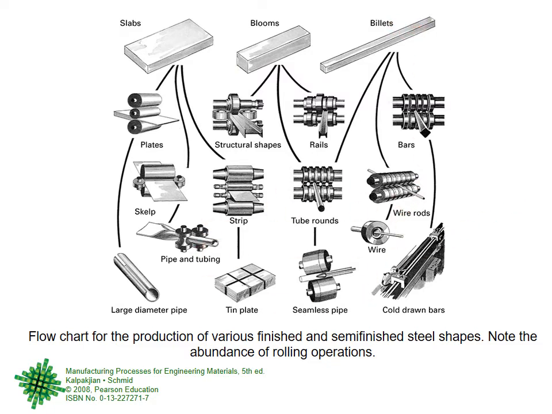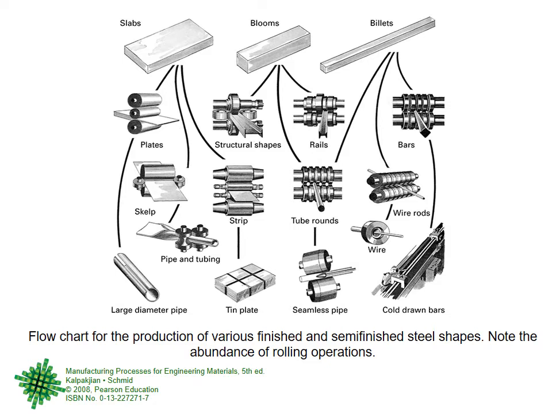Now, the shapes generated are not too many. Only a few shapes are generally produced, but as I told you, I-beams and C-sections and so on are used in construction industries. So all construction industry all over the world, buildings, airports, bridges, all construction from huge workshops and buildings to simple ones, they all use only these few shapes.